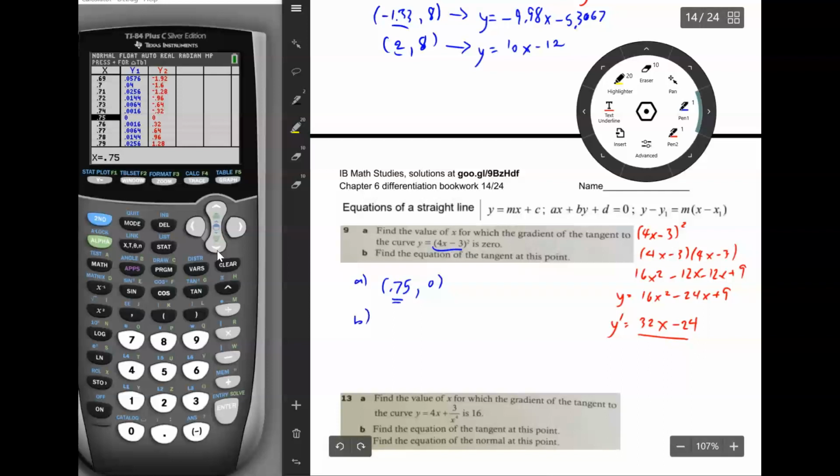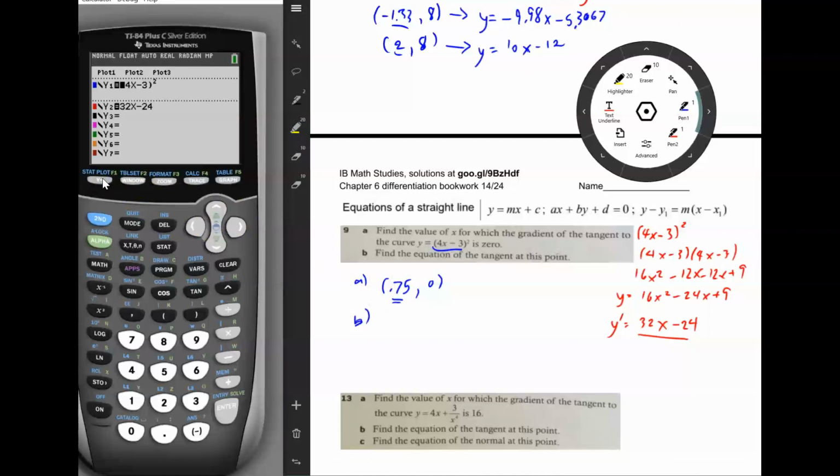B, find the equation of the tangent at this point. Okay, so we know now the x value is 0.75. So what we could do is second draw tangent with x equals 0.75, right? So we're going to do that. Second draw tangent. Let's try that again.